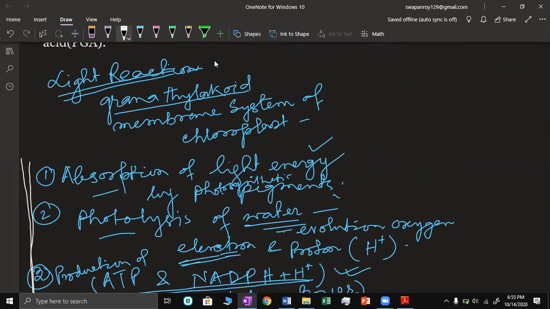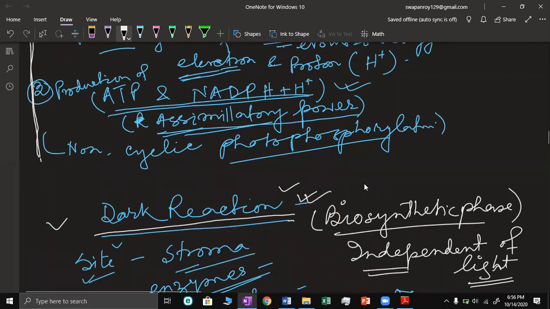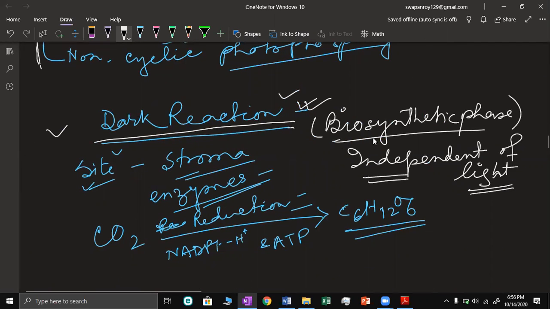We also call it the photochemical reaction, photo meaning light. And the dark reaction is the biosynthetic phase, and it is independent of light.